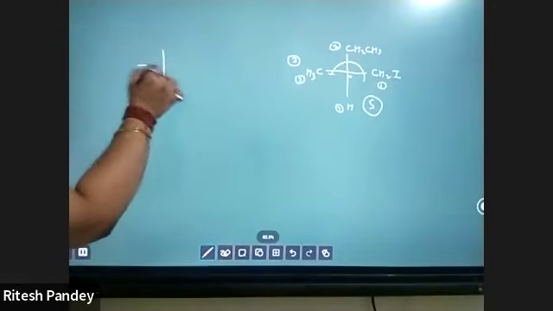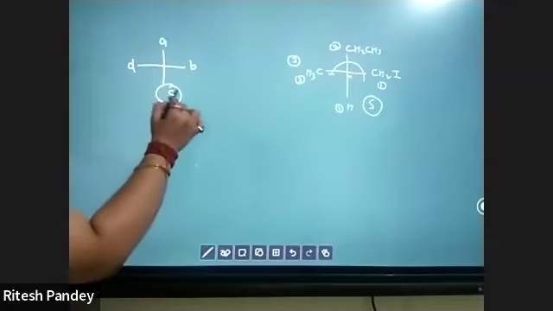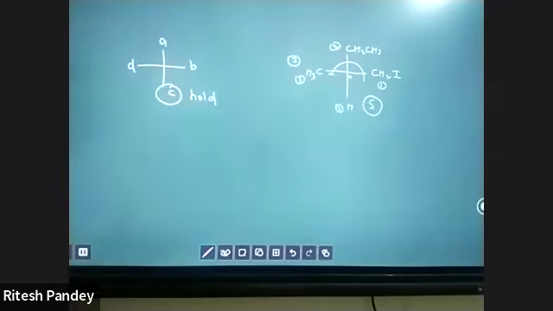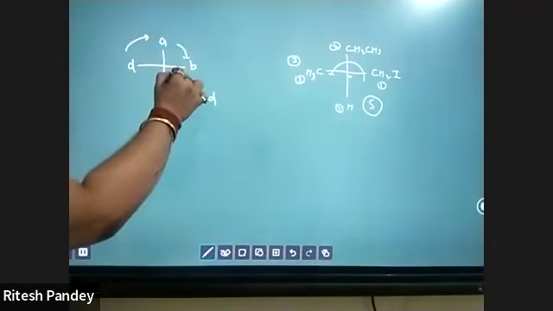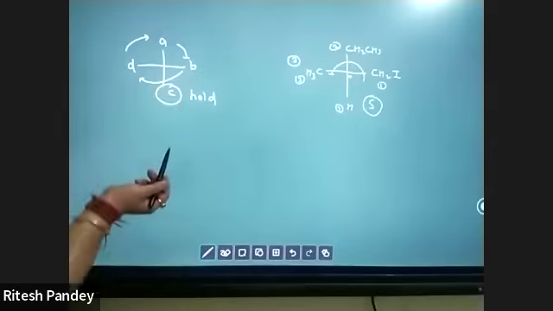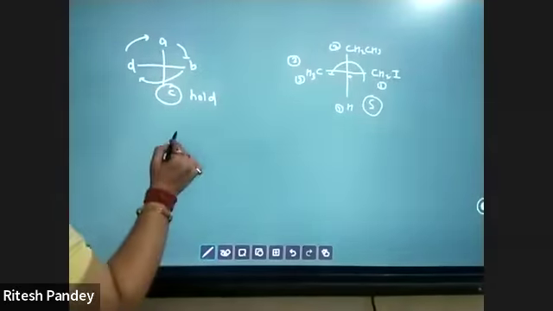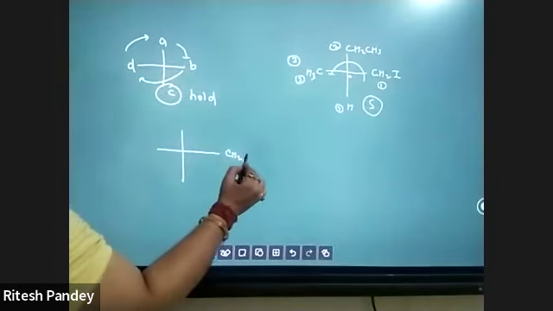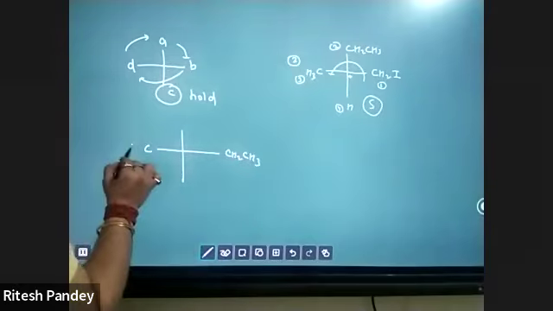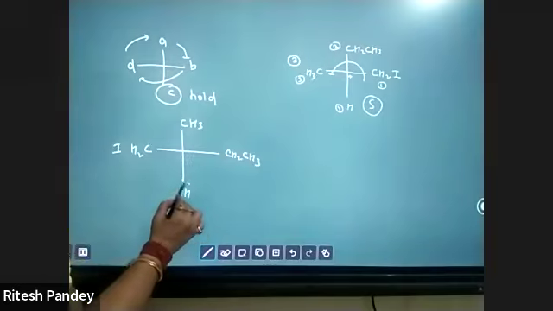If it is A, B, C, D, you can always hold one arm and rotate the other 3 among themselves, both clockwise and anti-clockwise. So if you're holding this arm, say hydrogen, and rotating the other three, CH3 would come here, CH2I would come here, and methyl would go up. Hydrogen has been held back.